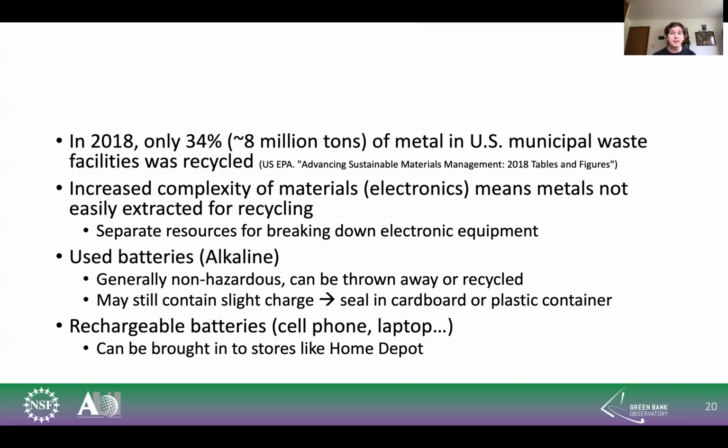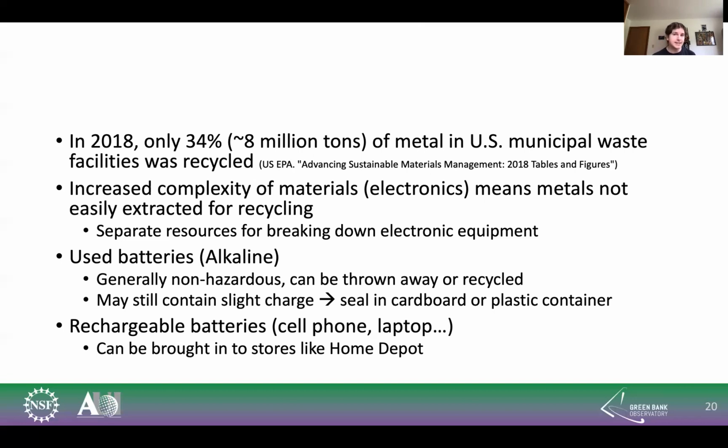When it comes to things like alkali batteries that have been used up, while they are generally considered non-hazardous, with the sole exception of the state of California, they can, in fact, be thrown away.